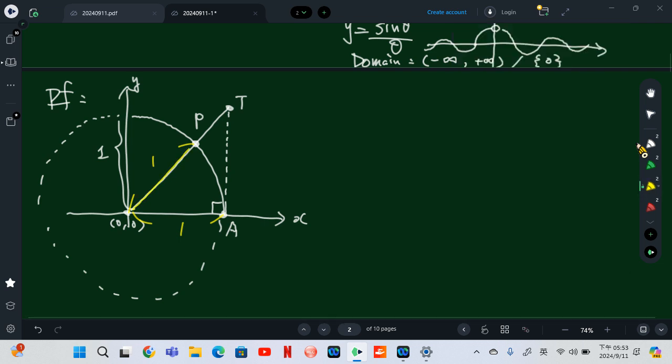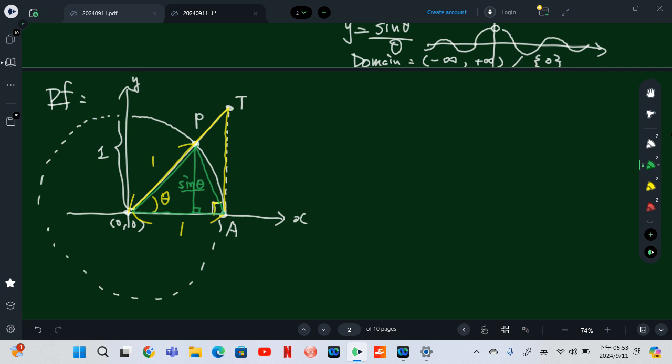The first one is this one, a right triangle, and this is another triangle, but I just make a height here. If we say the angle here is theta, then based on the triangle, we can get that the height is sine theta, right?